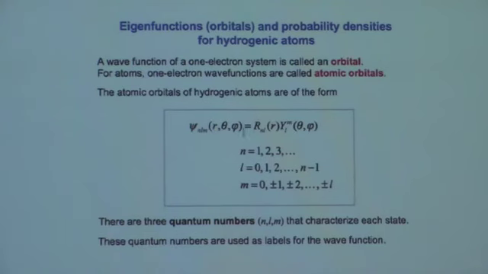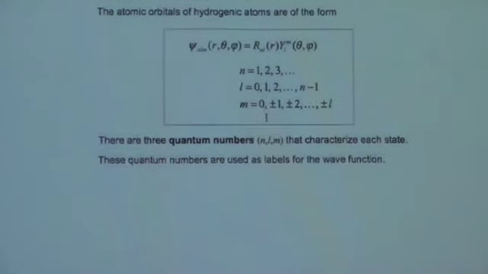That's why we have big R with n, l, depending on small r. Then we have a spherical harmonic, Y, and the relation between quantum numbers, which are written here. And you've seen that already probably many, many times. Okay? Any questions?